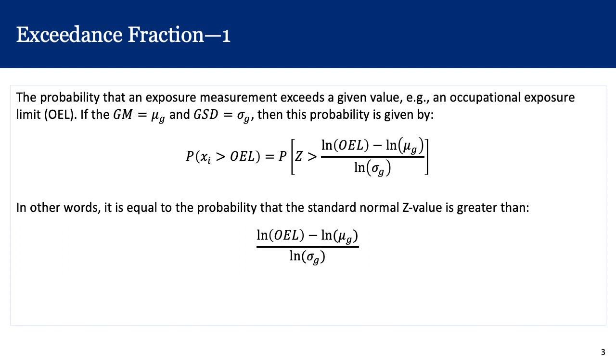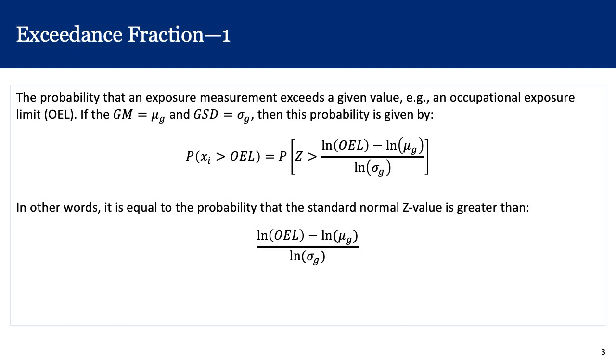Since we are working in the log transformed domain, we can use the parameters of the normal distribution to quantify this. If the geometric mean is denoted as mu g and the geometric standard deviation is denoted as sigma g, then this probability is given by this formula.